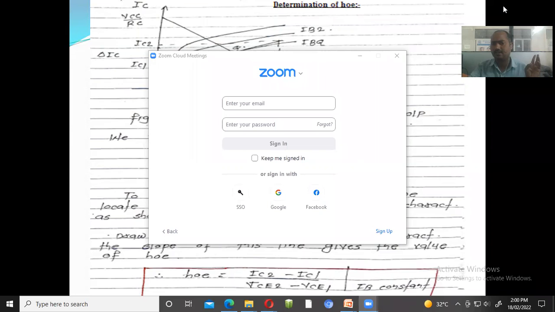MCQ असतात म्हणलं का सर? हा, MCQ म्हणजे फिल इन द ब्लँक्स टाइप MCQ. ते 6 मार्काला असतील. हा, ठीक आहे. ओके, स्टॉप करूया.